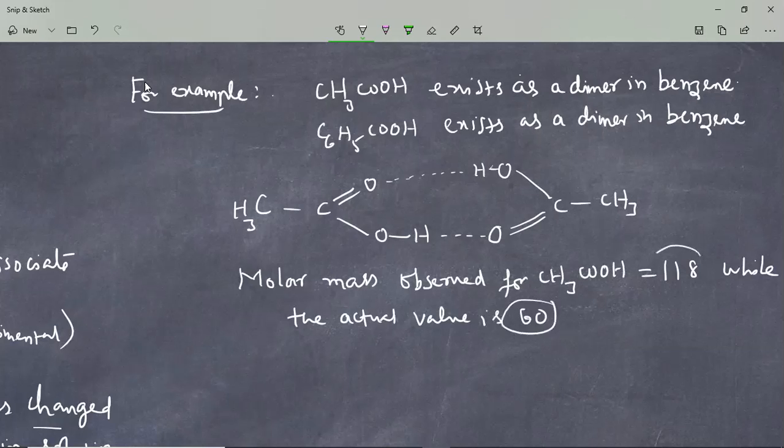You observe it is almost double, approximately two times the value. So we can understand that association of the solute in the solution increases the molar mass. Not only this, now we'll discuss dissociation.